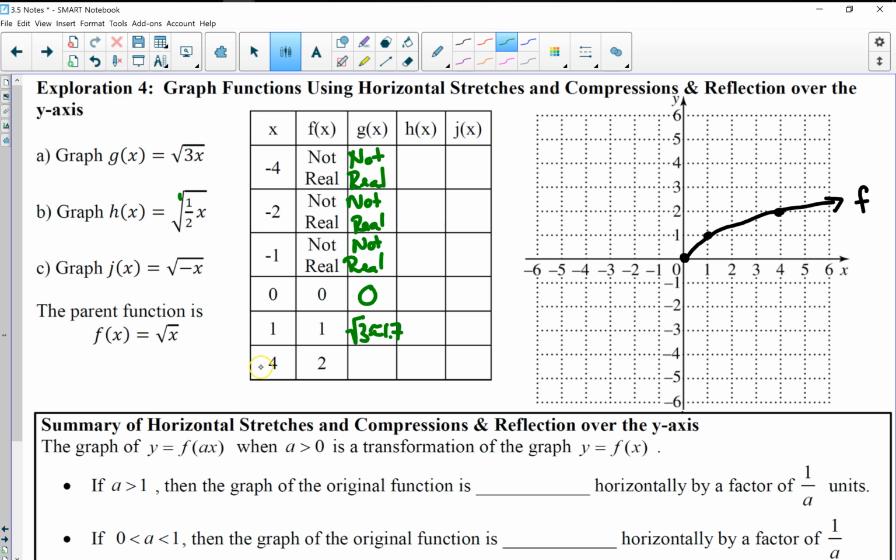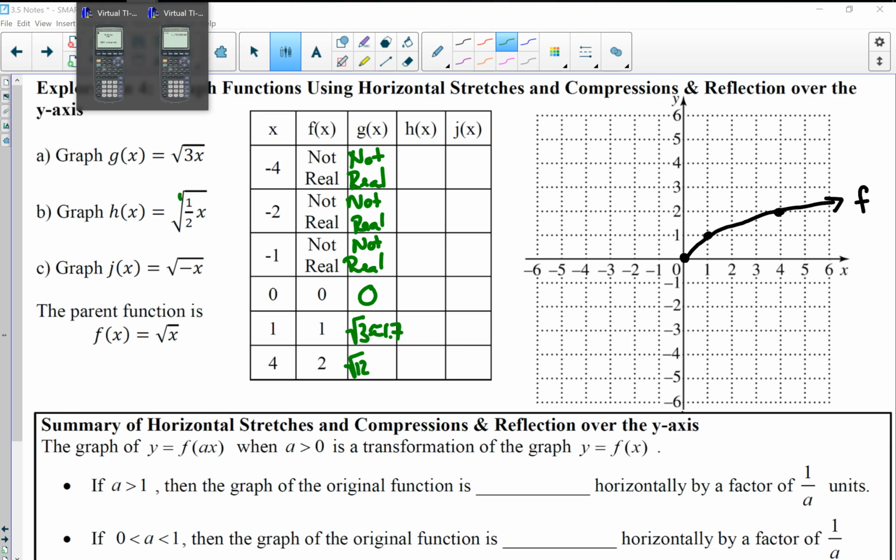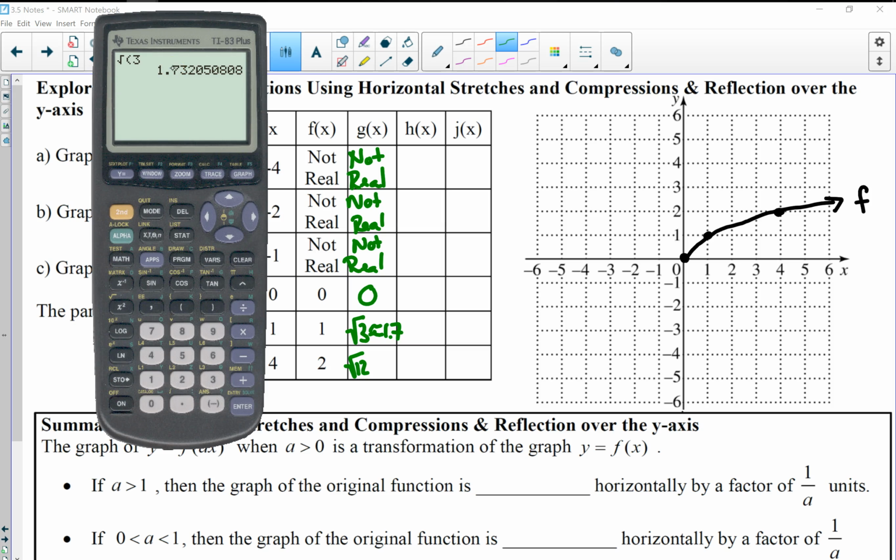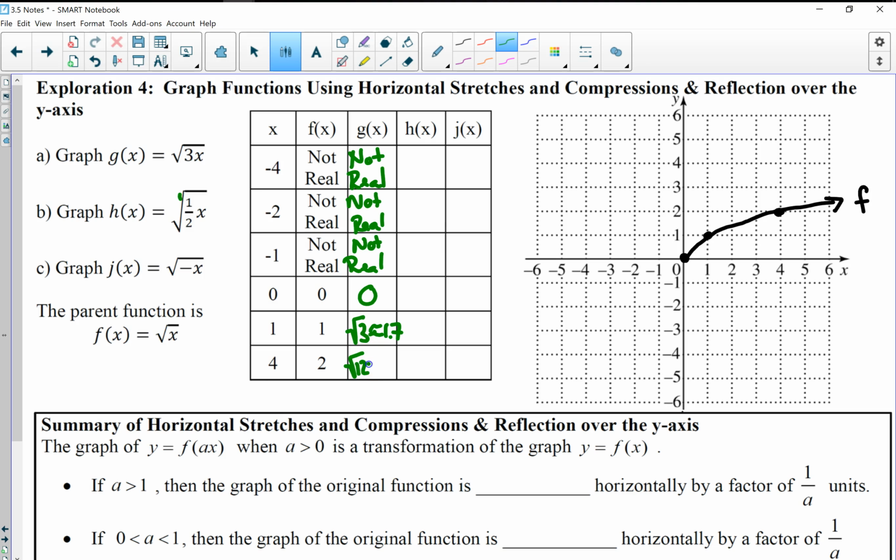And then for a value of 4, I get 3 times 4, that's 12, which would be square rooted. And the square root of 12 is, again, similar to square root of 3. I could reduce it, but that doesn't really help me better understand the value. So typing it into the calculator to get my decimal approximation is going to help me graph this. So the square root of 12 is about 3.5.